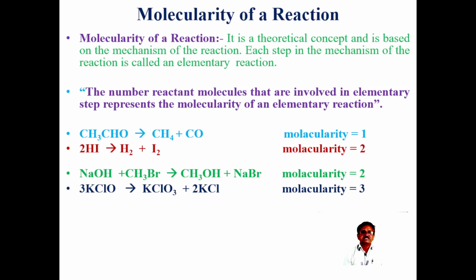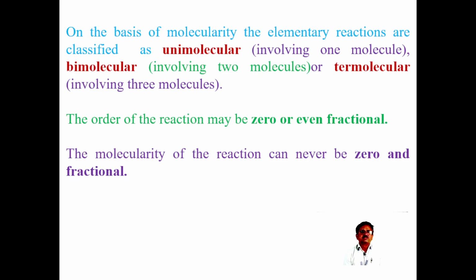So, the molecularity is equal to 2. Third example, NaOH plus CH3Br gives CH3OH plus NaBr. Here one molecule of NaOH and one molecule of CH3Br are taking part in this reaction, hence the molecularity is 2. Likewise, in 3KClO gives KClO3 plus 2KCl, the molecularity of this reaction is 3.